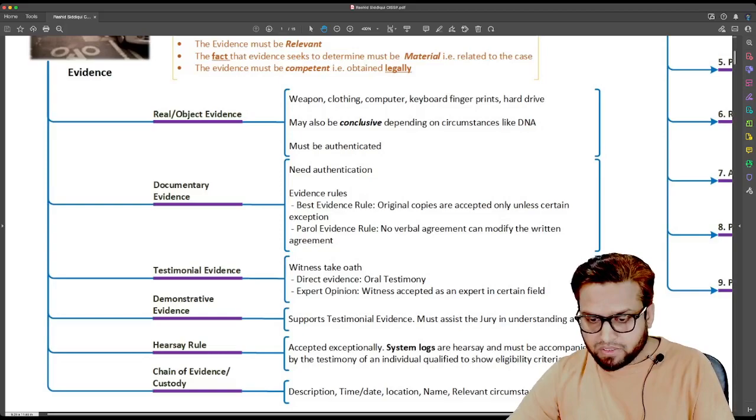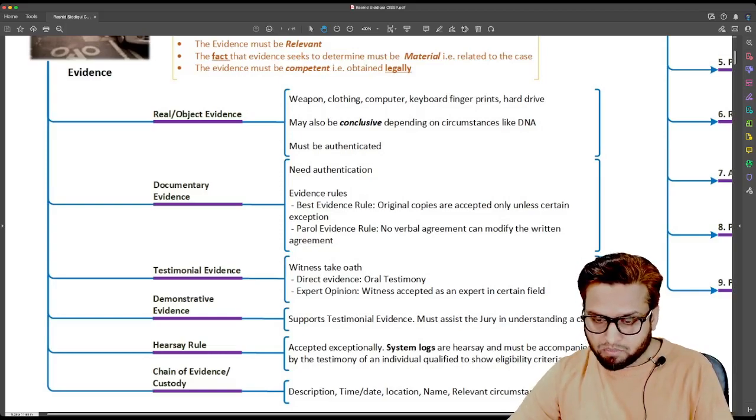Now the expert opinion is something which is needed in some cases, by extra experts who can add to some of the points being discussed in the court. Let's say there was a fire in a factory. Now we need a fire expert.